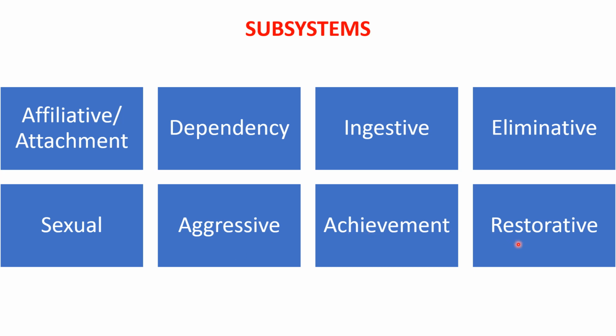And eighth is restorative. So these 8 subsystems constitute the behavioral system, or the man is composed of all these 8 subsystems. We are going to see one by one what all these subsystems are.